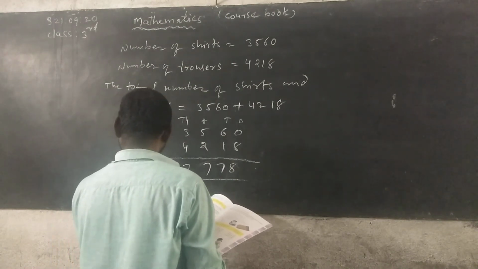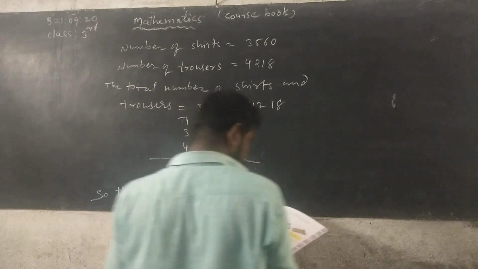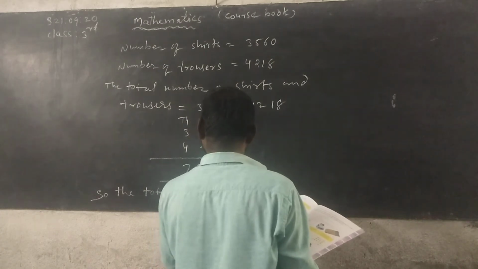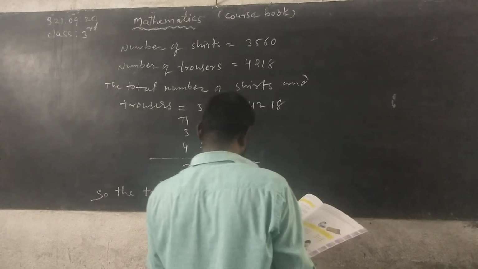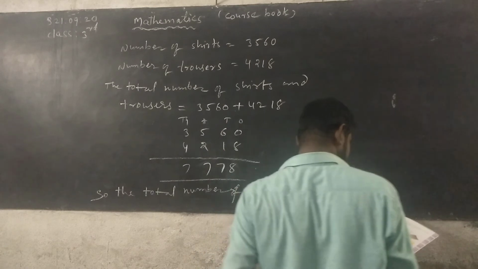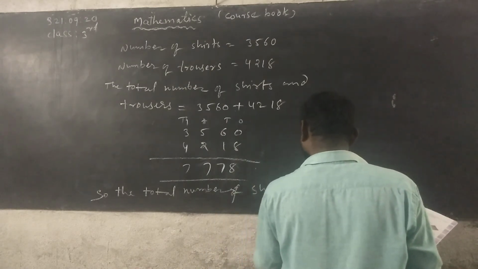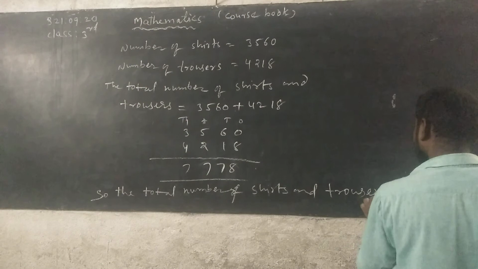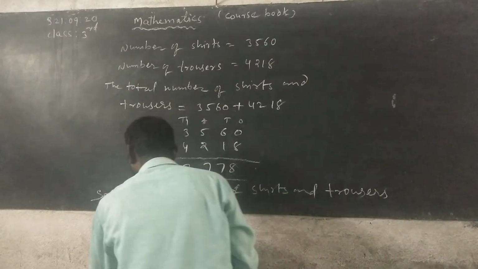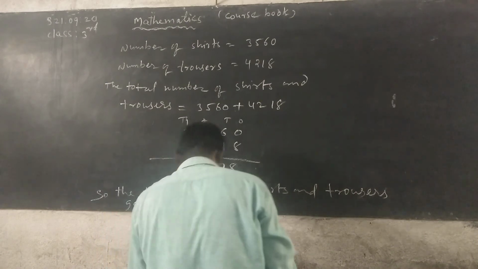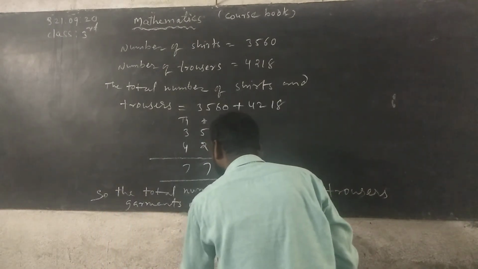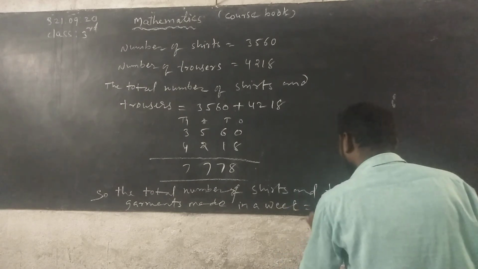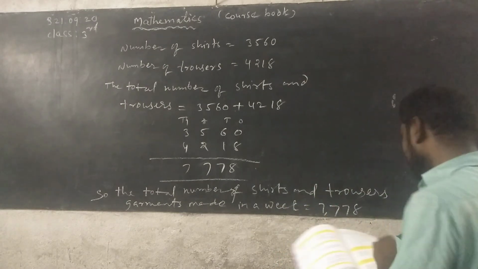So the total number of shirts and trousers, garments made in a week, is 7,778.